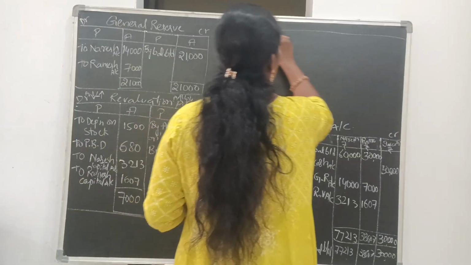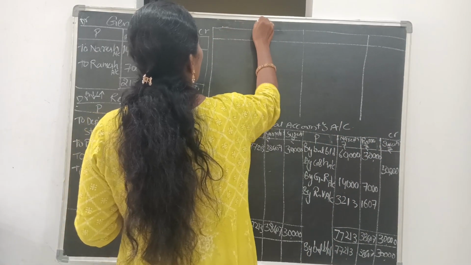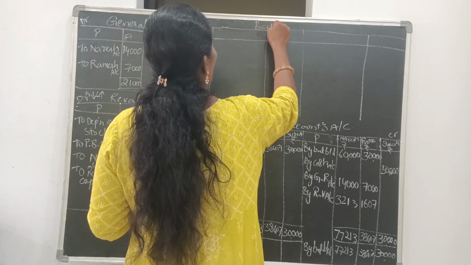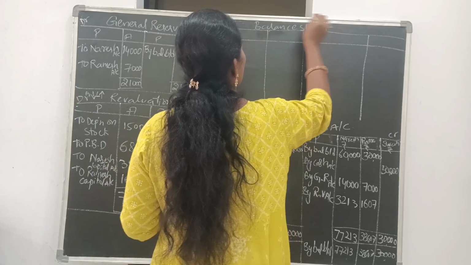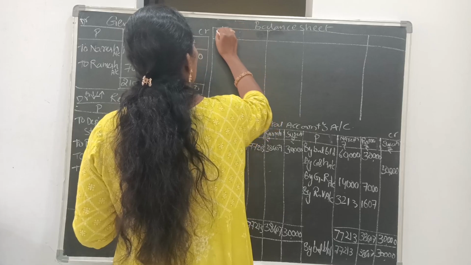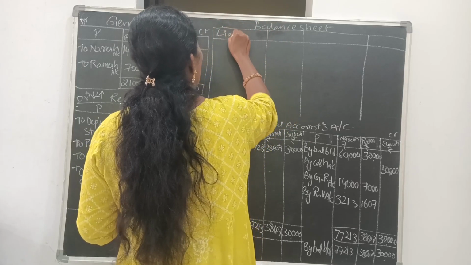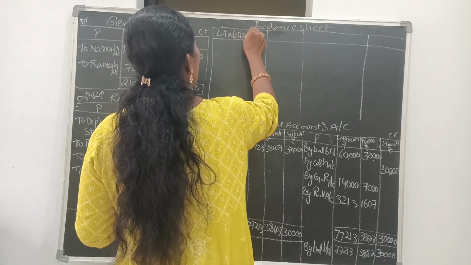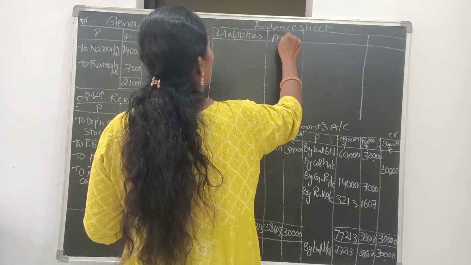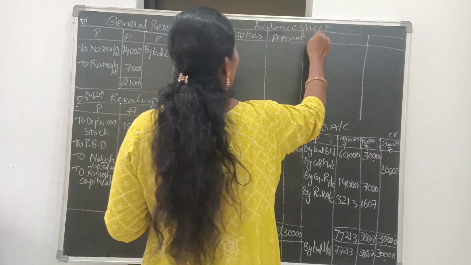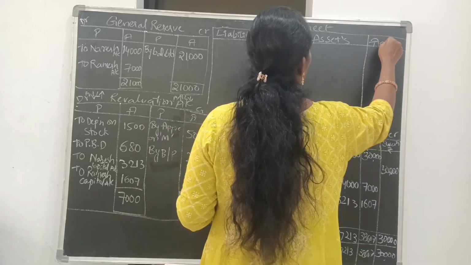Format for the balance sheet: the balance sheet is not an account, so we don't write debit and credit. Put the heading balance sheet, then liabilities, amount, assets, amount.